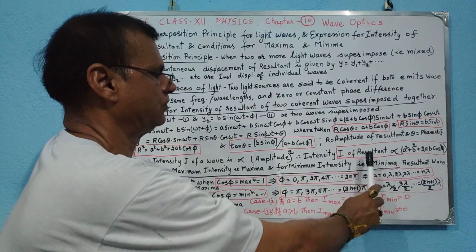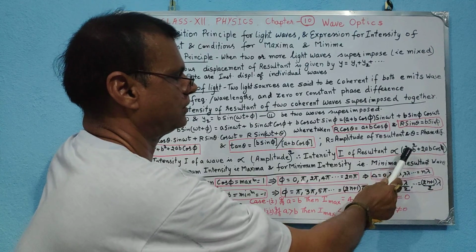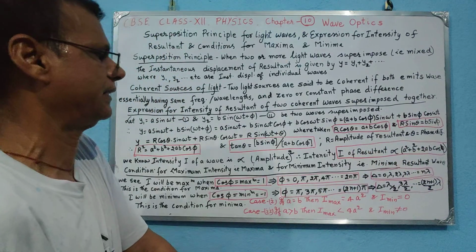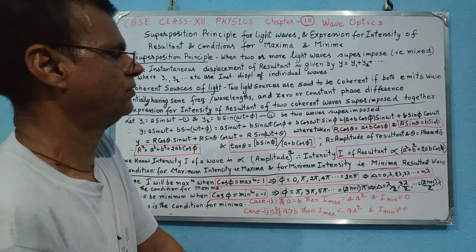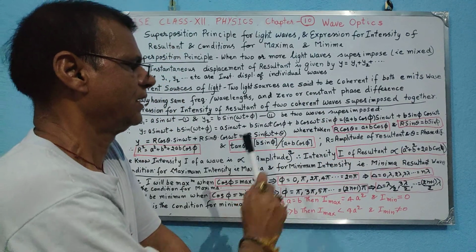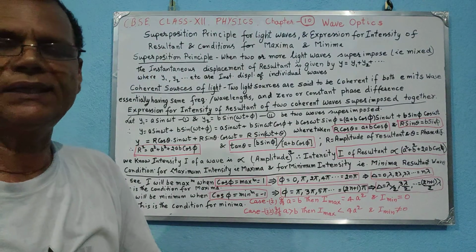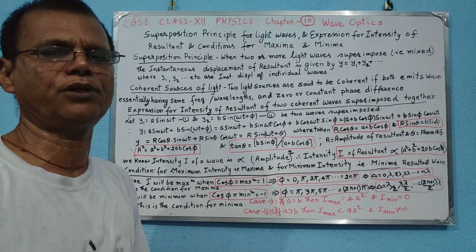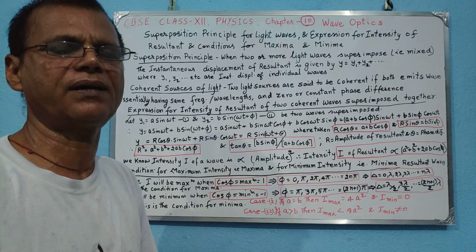In this expression, you see intensity will be maximum only when cos phi is maximum, because a, b are constant over here. So the only thing that can change is cos phi. When cos phi is maximum, the intensity will be maximum, and when cos phi is minimum, the intensity will be minimum. What is the maximum value of cos phi possible? It is 1. And what is the minimum value of cos phi?